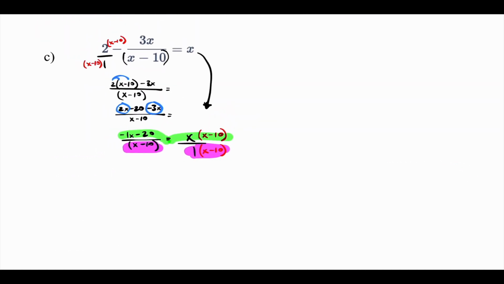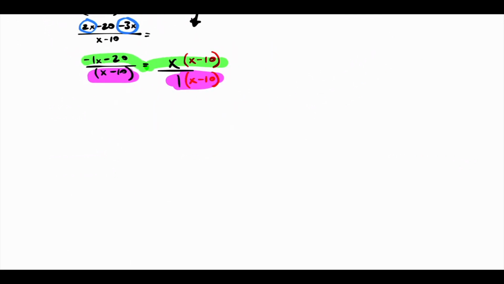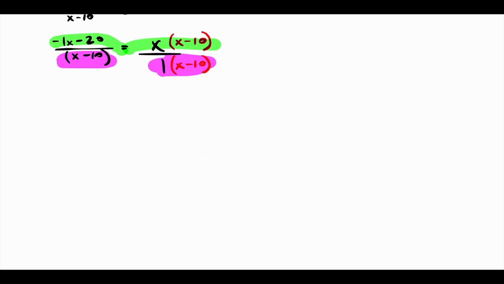Couldn't we just put an x minus 10 since if you really, or does the one have to be there? The one doesn't have to be there. Okay. Here we go. So we get negative 1x minus 20 equals x minus 10.